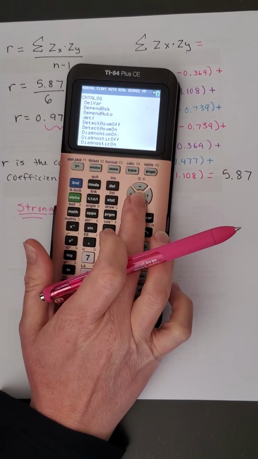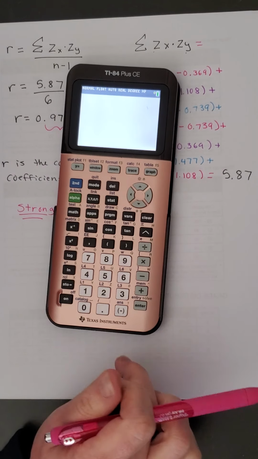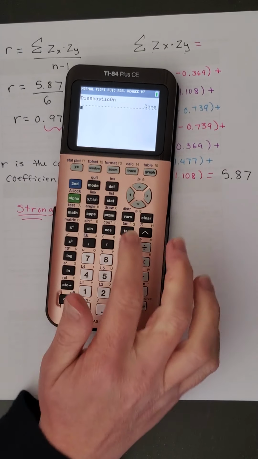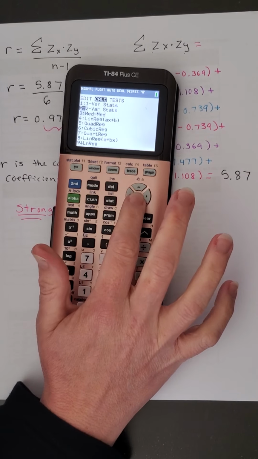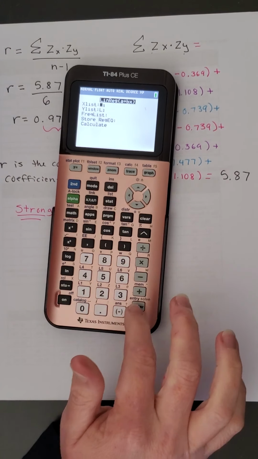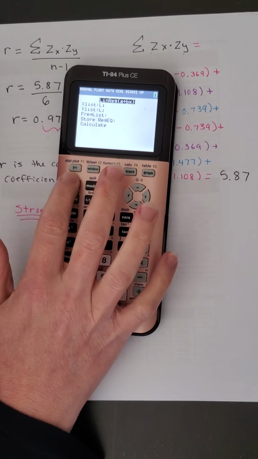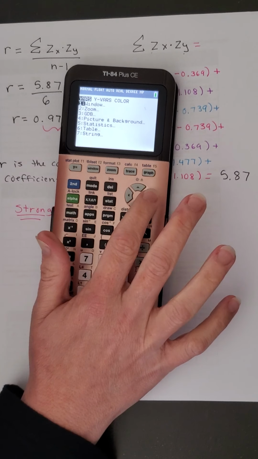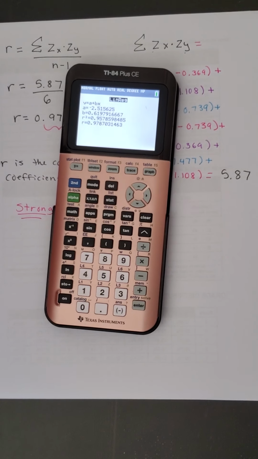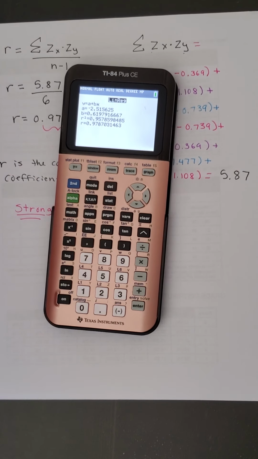You're going to have to scroll. And you're going to turn on your diagnostics, hit enter twice. And now if you go back to your stat calc lin reg number 8, you enter the same information. We're going to still store our regression equation in Y1. Now you should have an R value if it didn't pop up before.